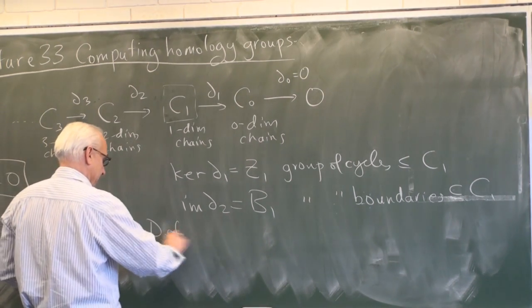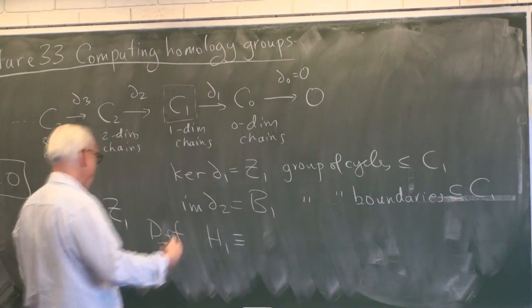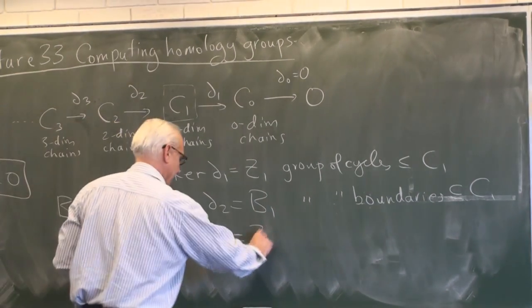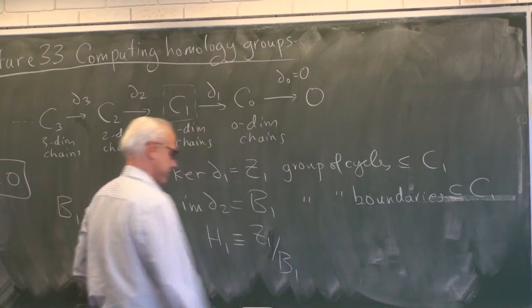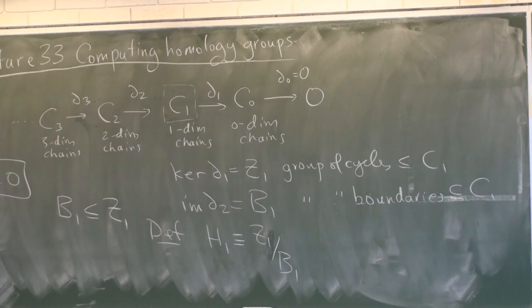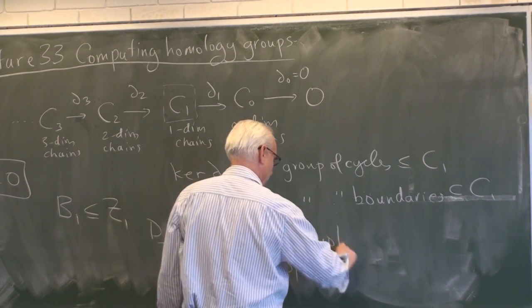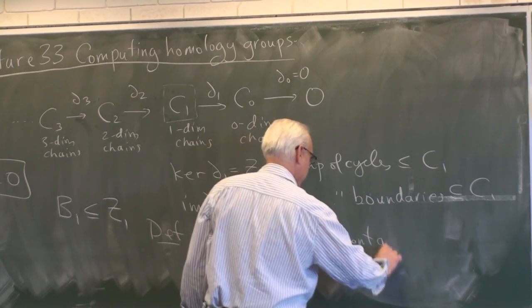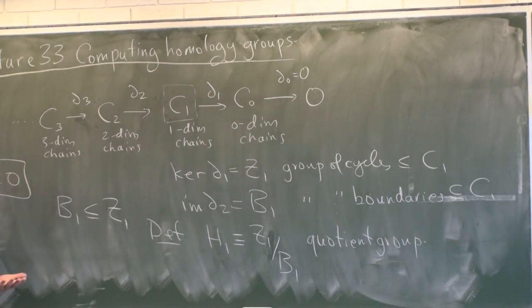So then we define H1 to be the quotient of the cycles over the boundaries. It's a quotient group. The homology is a quotient group. So what kind of object do we end up with for homology? Well, we end up with a finite or infinite commutative group.